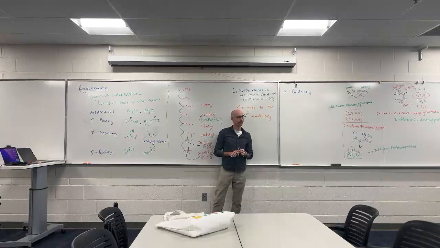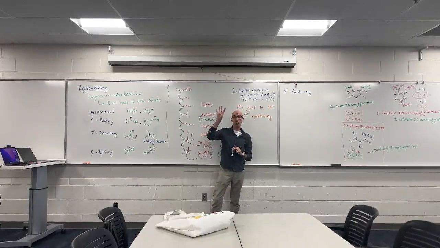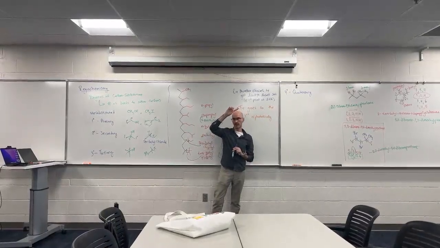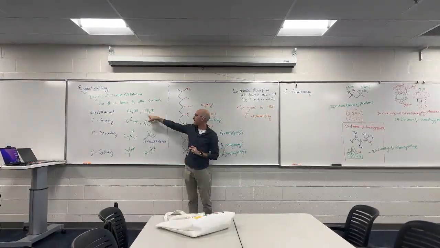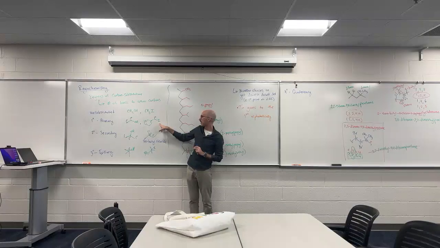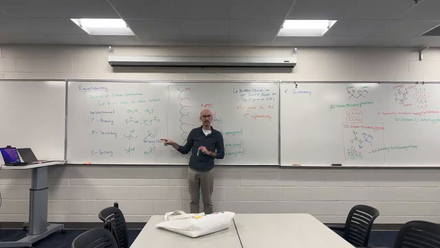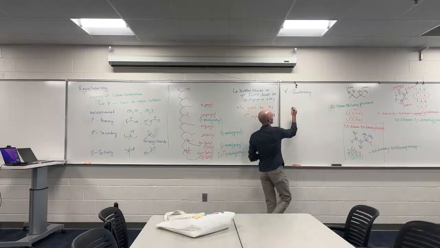No. There's not enough bonds. If my carbon's 4 bonds are all taken up by other carbons, then I can't have a methyl halide, a primary halide, a secondary halide, a tertiary halide, because there's no bonds left.